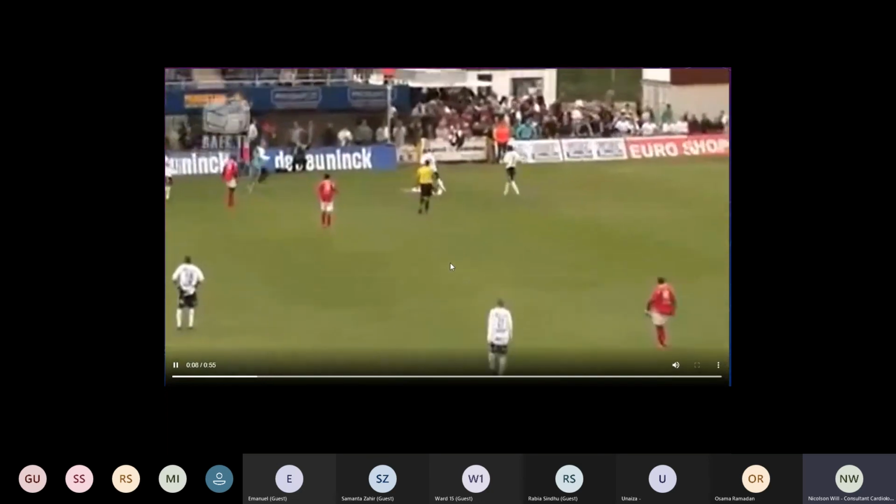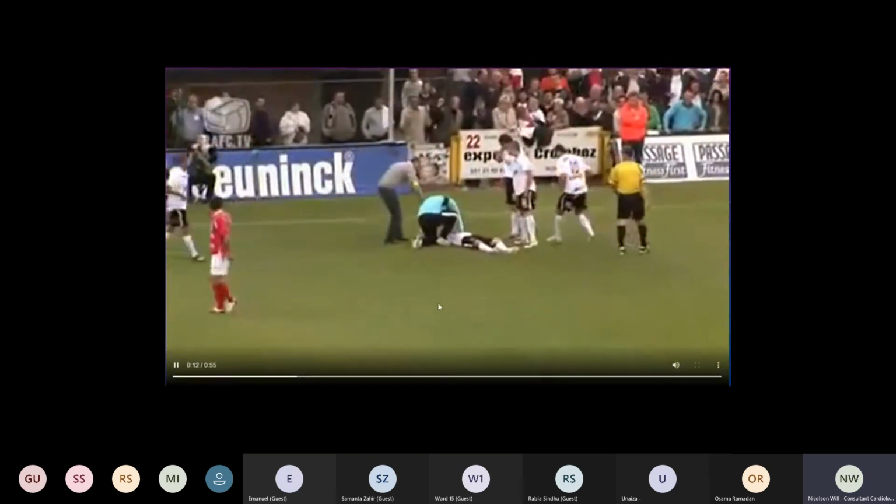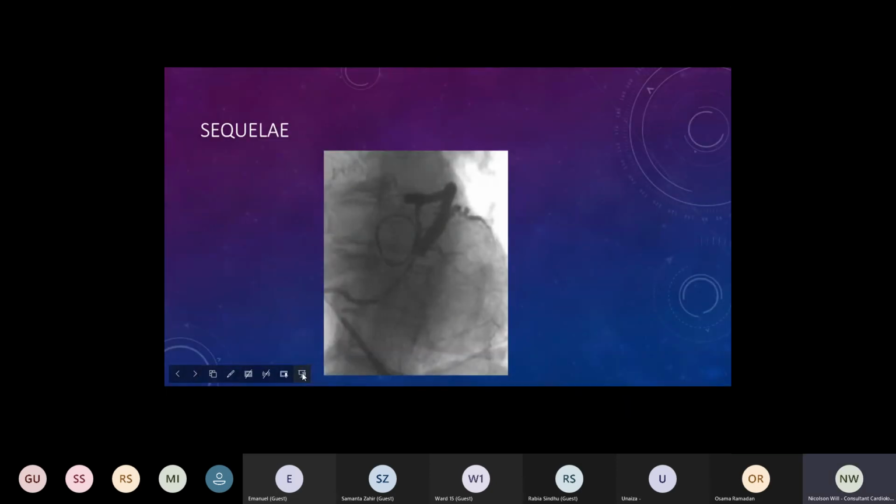That is cardiac syncope. And watch him, he jerks as the ICD fires. So that is him having his life saved by his ICD. And that's why ICDs can be such fantastic things. I don't know if you're aware of Fabrice Muamba. He was very lucky to survive having a ventricular arrhythmia and a cardiac arrest when he was playing for Bolton Wanderers.